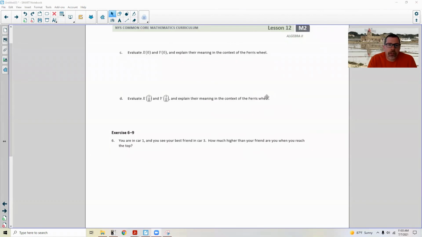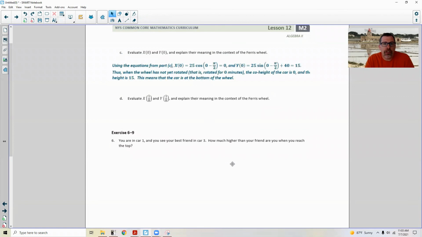Okay, page 11 brings us to part C, and it says to evaluate x of 0 and y of 0 and explain their meaning in the context of the Ferris wheel. So it says, using the equation from part C, x of 0 is 25 cosine of 0 minus pi over 2, which is, cosine of negative pi over 2 is 0. So 25 times 0 is 0.